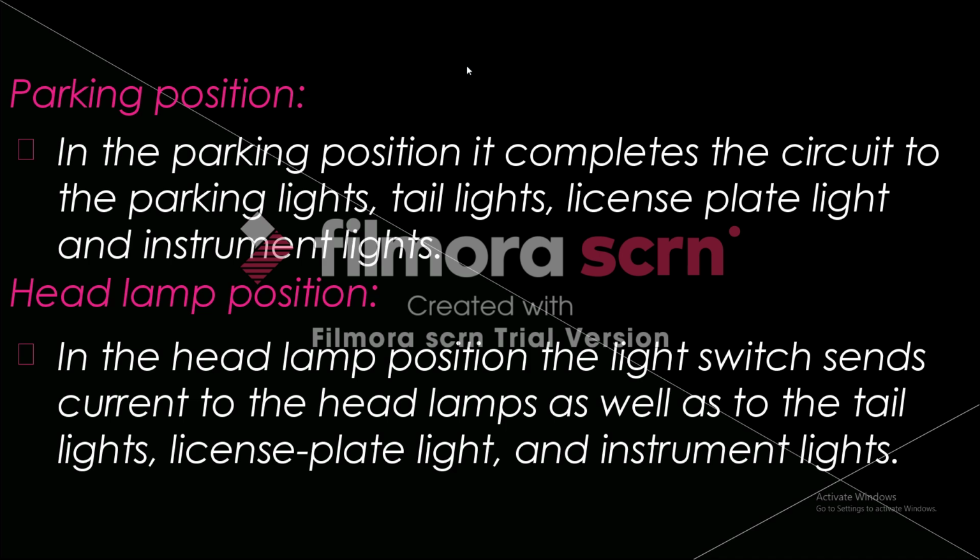In the parking position, it completes the circuit to the parking light, tail light, license plate light, and instrument light. Headlamp position. In the headlamp position, the light switch sends current to the headlamps as well as the tail lights, license plate light, and instrument light.